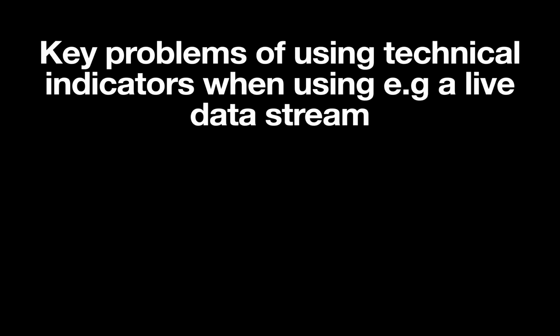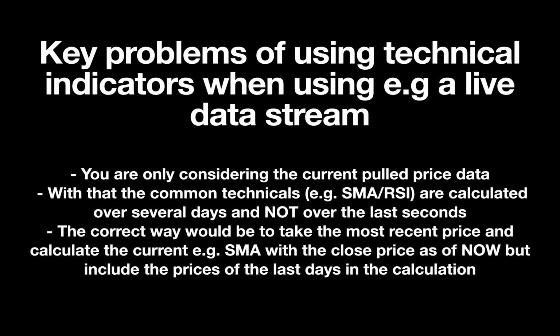The problem of applying technical indicators when using a live data stream, as I did, is that you're only considering the current poll price data. But the common technicals, for example the SMA, RSI, MACD, but also the ROC, are calculated over several days and not over the last seconds or minutes.